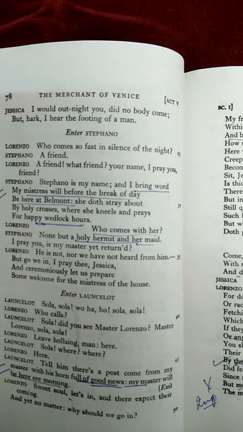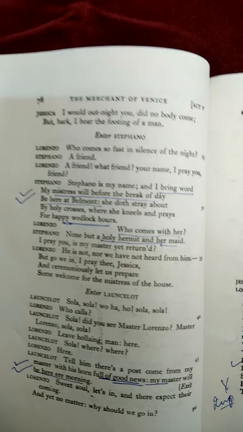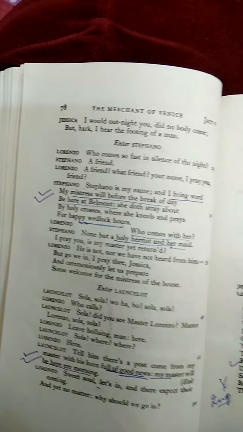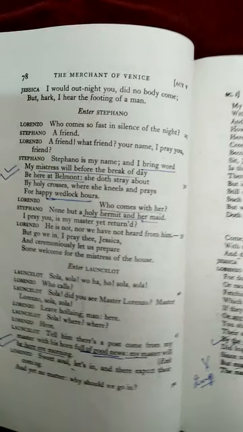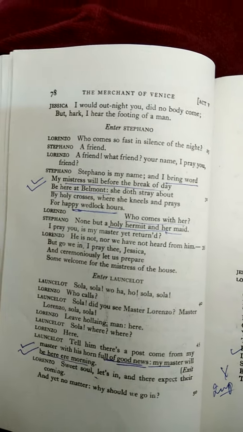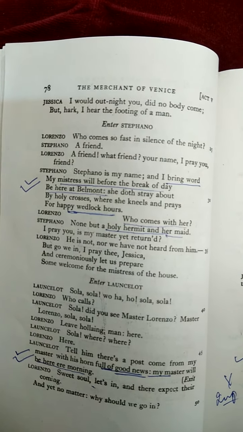So even the role of the messenger in Shakespearean drama is very important. And another messenger, Lancelot, has information about Bassanio and Antonio's arrival.